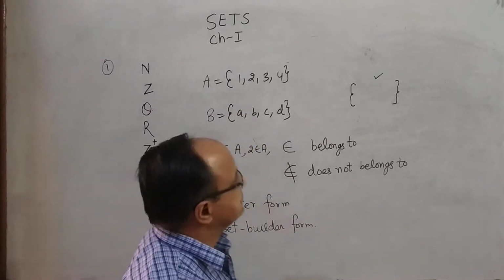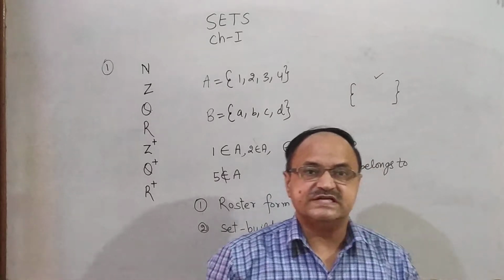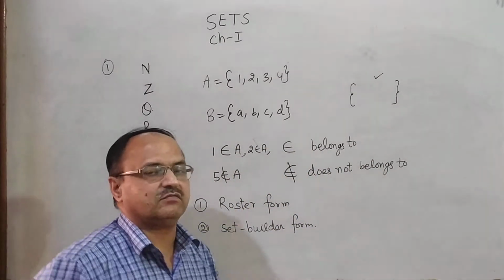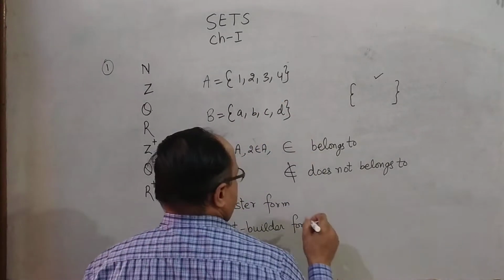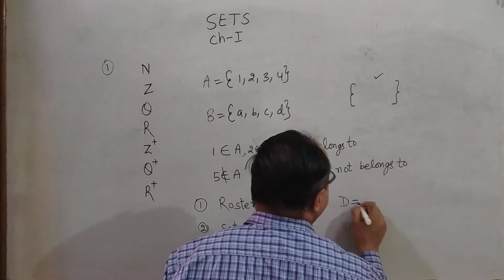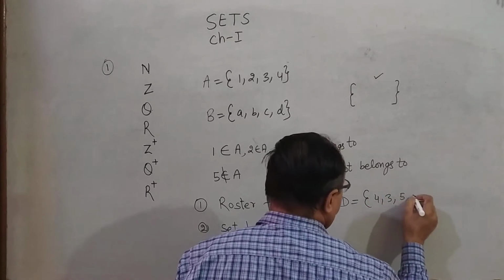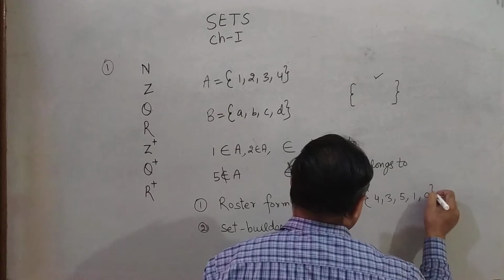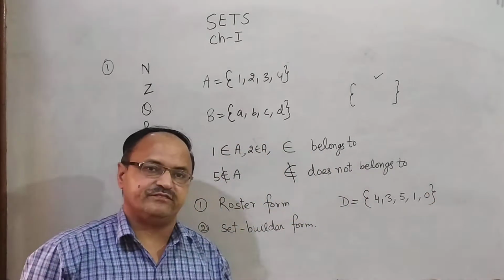When we write the elements in the form of digits or letters, 1, 2, 3, 4, 5 or a, b, c, d, that is called roster form. For example, set D is equal to {4, 3, 5, 1, 0}. This is the roster form.